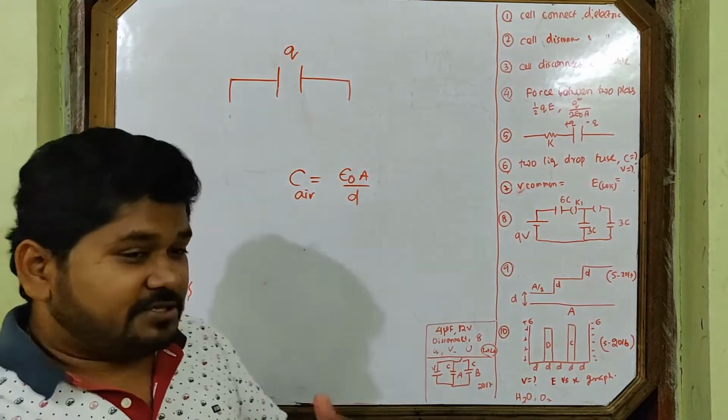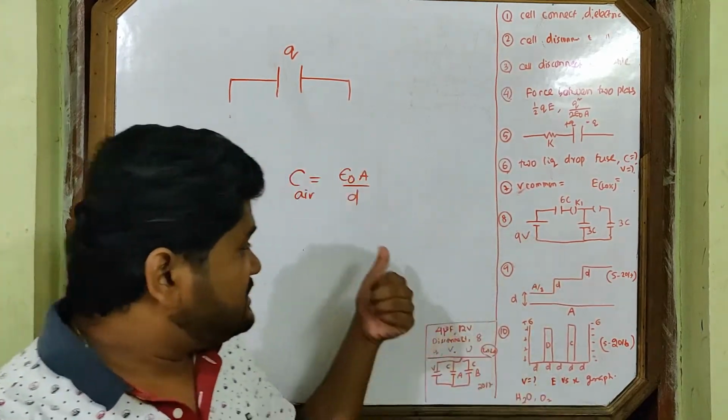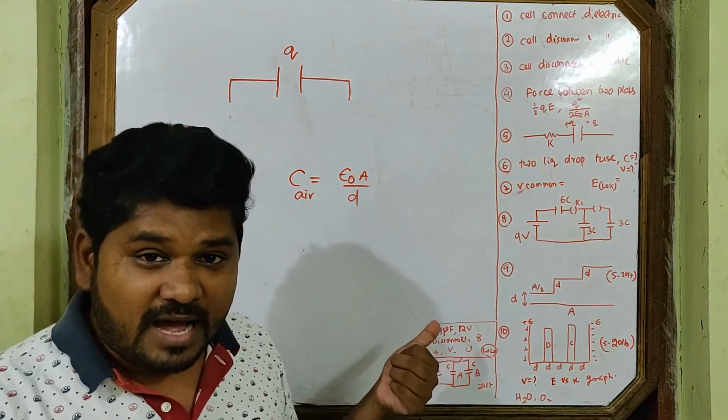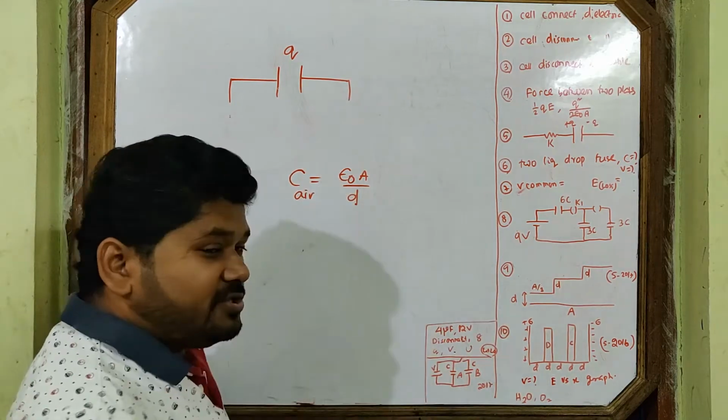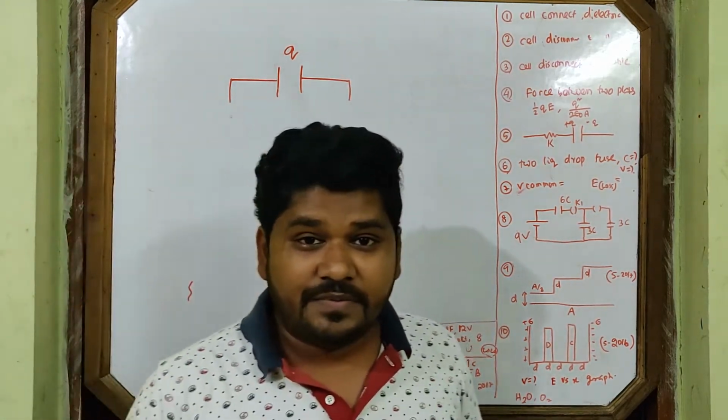Suppose you stretch the two plates, make the separation double. If the separation is double, then capacitance will be half. This D becomes 2D, so 2 comes in the denominator, so capacitance becomes half.